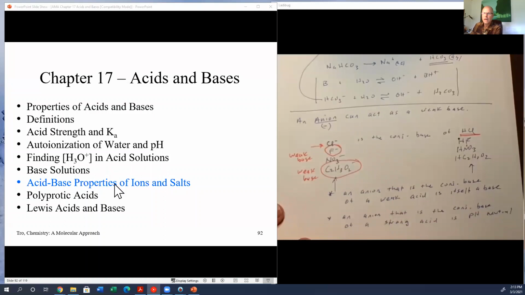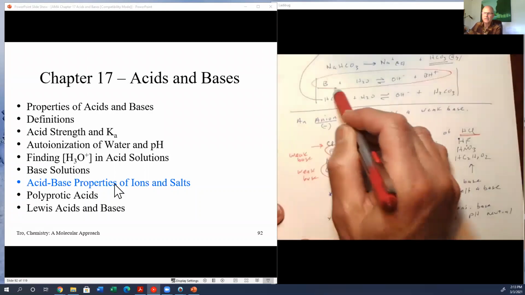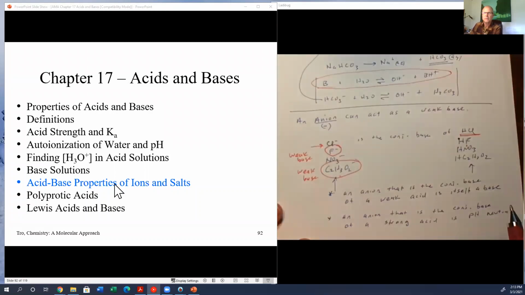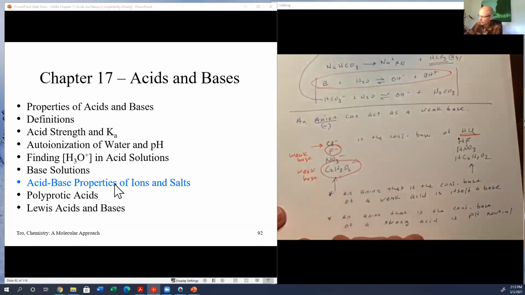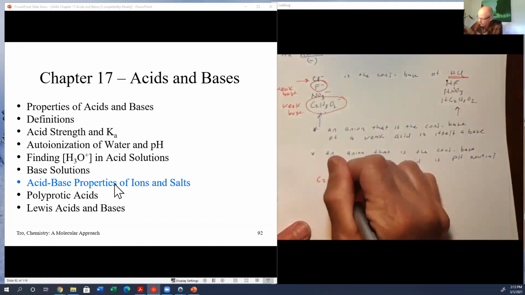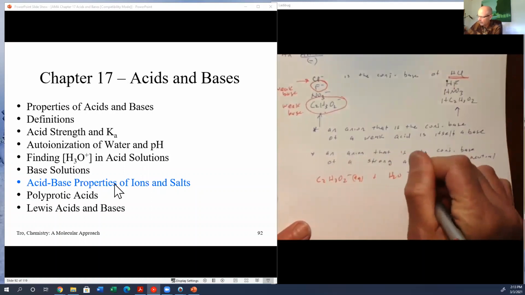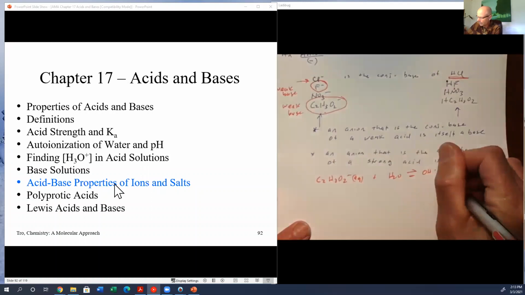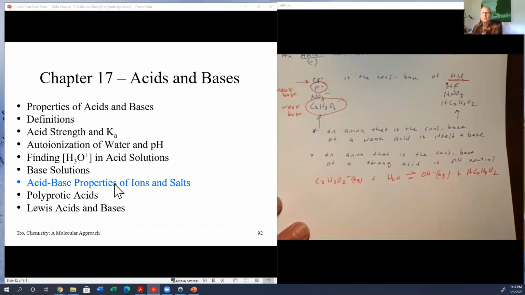And how does this act as a weak base? According to our good friend, the weak base equation, right? If we had to write an equation for this acting as a weak base, we'd write C2H3O2 minus aqueous plus H2O in equilibrium with OH minus aqueous plus HC2H3O2, right?